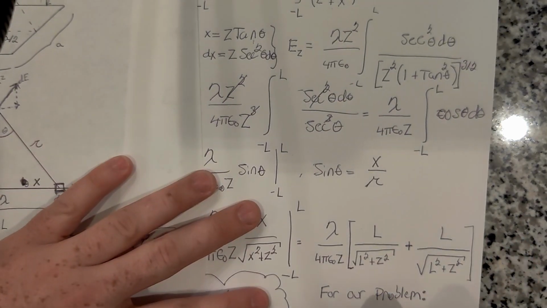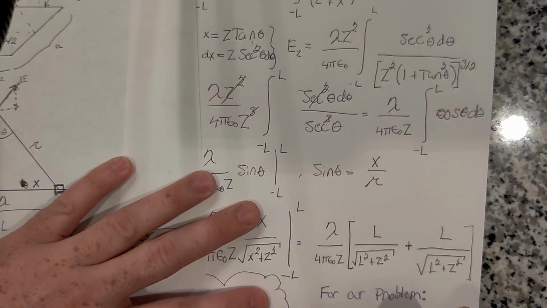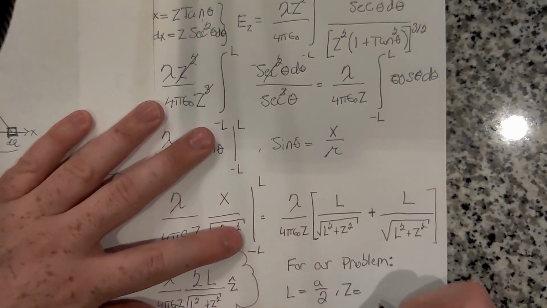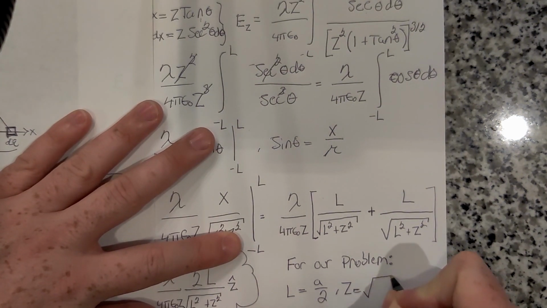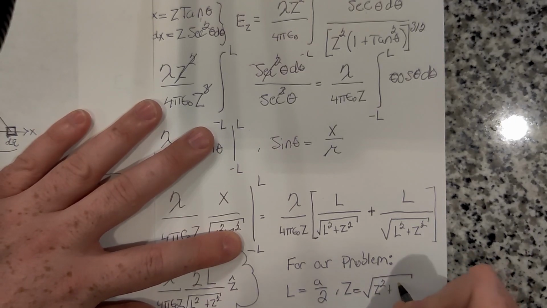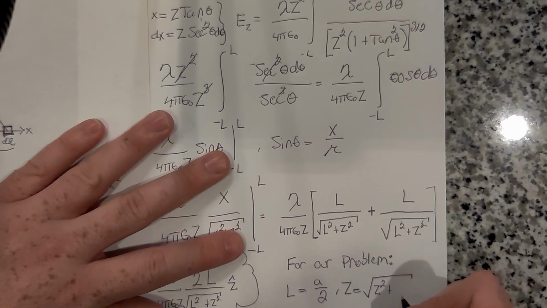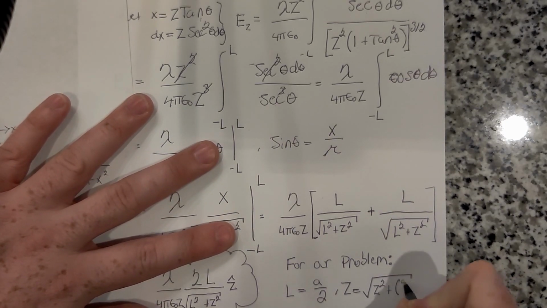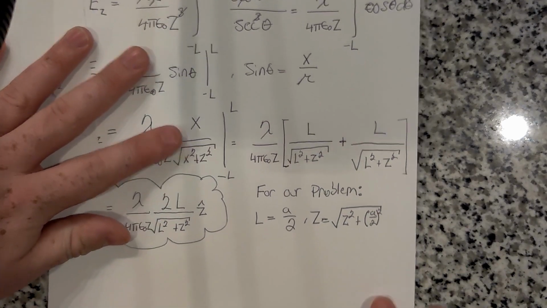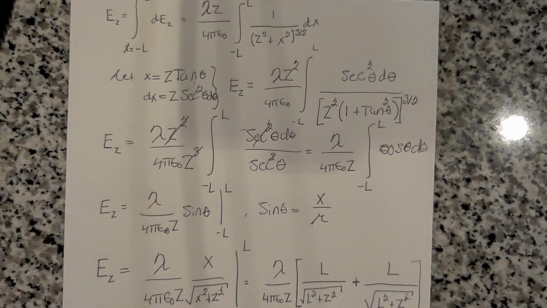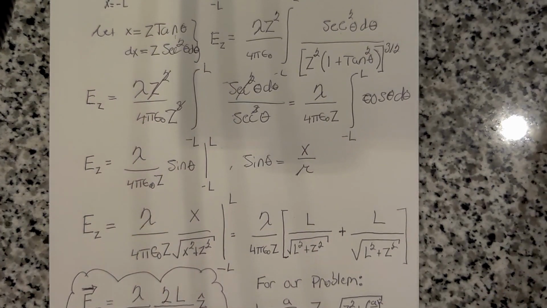So z in our answer here, we're actually going to translate that to our script r, which is the square root of z squared plus A over 2 squared. I'm just trying to show you.